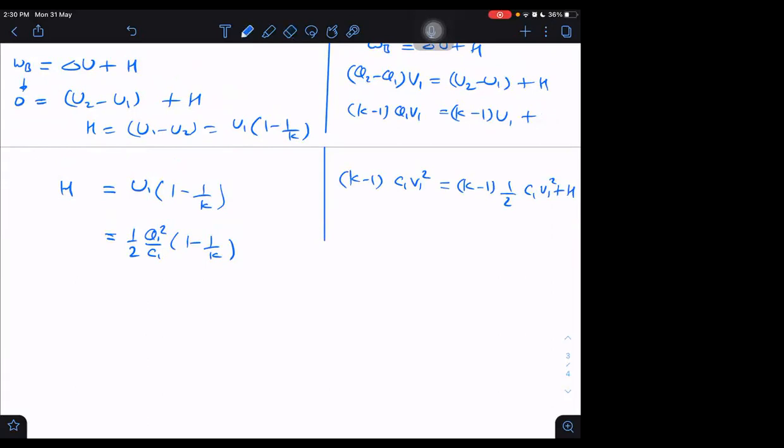It is half of (k minus 1) into C1 V square.